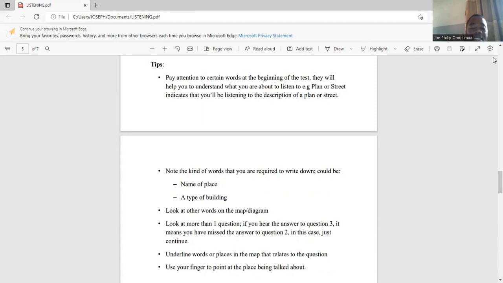Then the next thing is note the kind of words that you're required to write down. It could be a name of a place, or it could be a type of building. Then next, look at other words in the map. If, for instance, you look at the diagram I just showed you, you'll see words like the engine room.